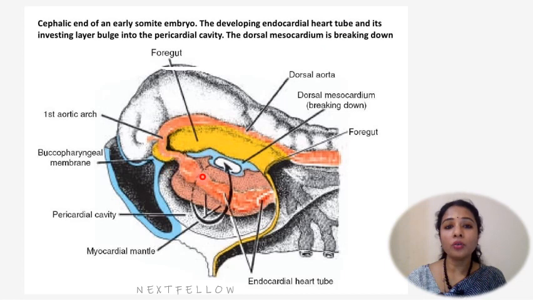And the mesoderm around the endocardium forms the myocardium. The myocardial cells secrete an extracellular matrix, which we know is called cardiac jelly, which is rich in hyaluronic acid. If you see this cardiac jelly, which forms the myocardial mantle here, it is like a gelatinous substance, which is secreted by the cardiac myocytes between the endothelium and myocardium of the embryonic heart, and which transforms into the connective tissue of the endocardium.